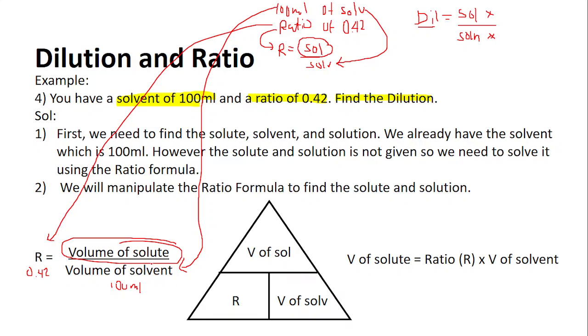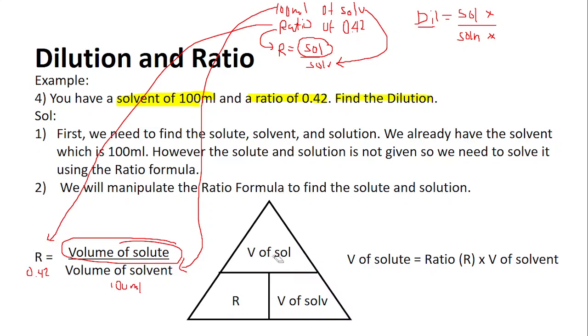So, again, ang numerator, volume of solute, ibutang ta sa taas. Ang denominator, ibutang ta sa right side. Ang ratio, ibutang ta sa left side. Okay? So, para ta mahanap si volume of solute, again, pag magkatakin lang, ita times. So, volume of solute is ratio times volume of solvent.